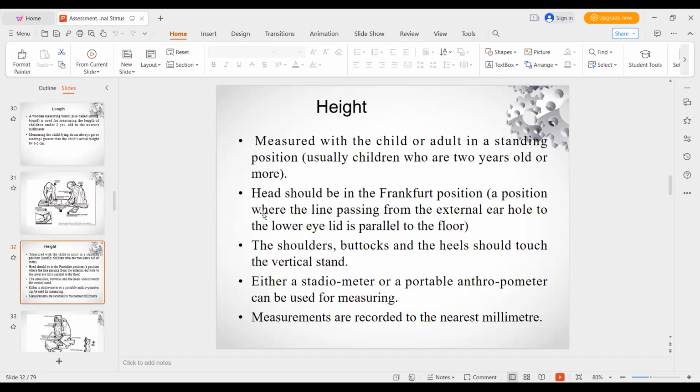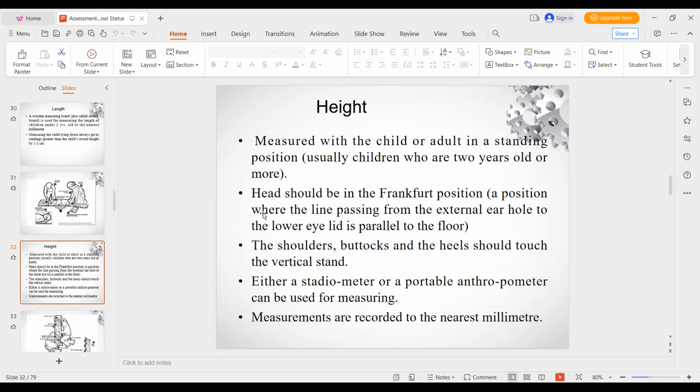Measuring of height. The height is measured with the child or adult in standing position, used for children who are 2 years of age or more. The head should be in the Frankfurt position, a position where the line passing from the external ear hole to the lower eyelid is parallel to the floor.